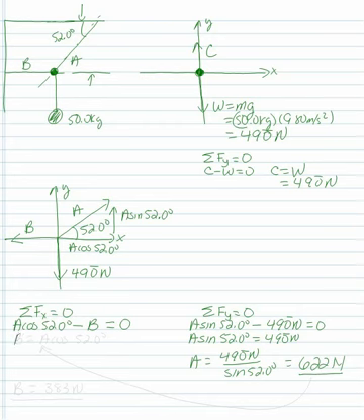B equals A times the cosine of 52 degrees. Substitute that in over here, and when you do, you will end up with B equal 383 newtons. And those are the two answers. A 622 newtons, B 383.